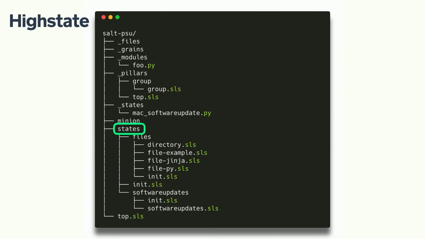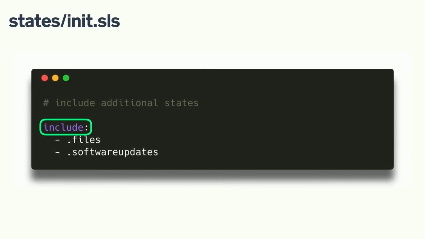So let's take a look at the states directory. It'll look inside the states directory for an init file, which then you can specify other states in. So you don't have to, in the top file, list out 85 different states. You can just slowly work your way down the directory. Inside the init file, there's an include. So we want to say, in this directory, we want to include all the file states and all the software update states.